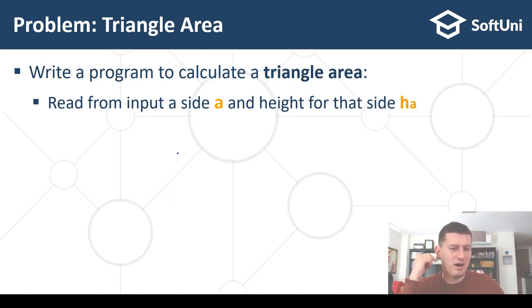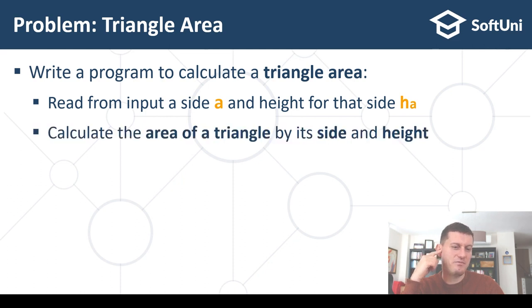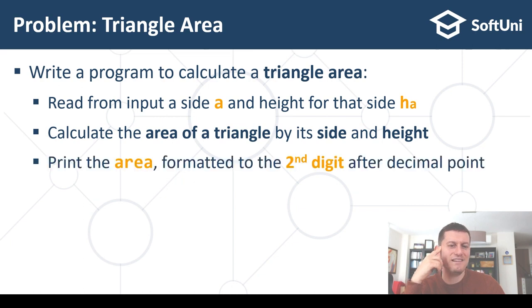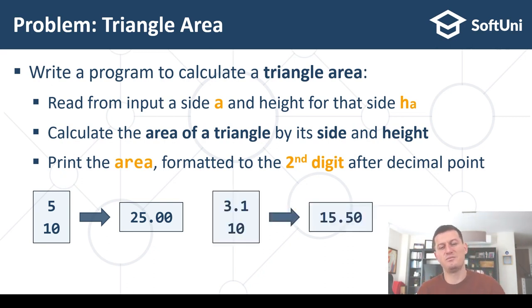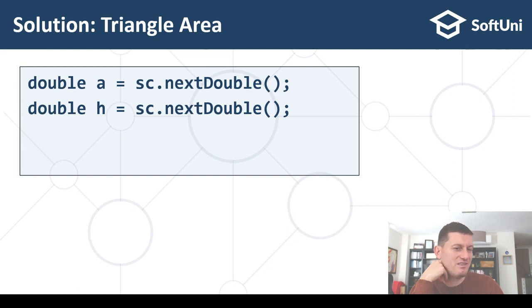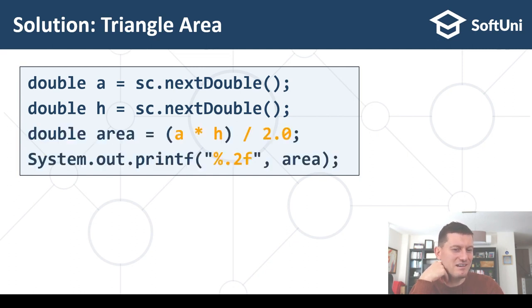If we multiply them by the well-known formula, multiply them and divide by 2, we'll calculate the area of the triangle, and we need to print the second digit. So we need to multiply the first number 5 by 10 and divide by 2. So this is a triangle area calculator. It's very similar to the previous one. We read two numbers, we make a calculation, and we print the output. It's again for you. I leave it for homework.